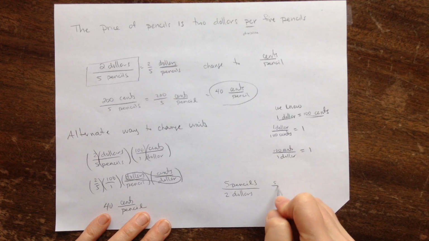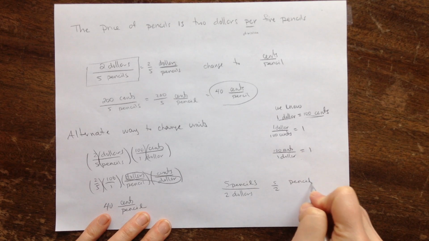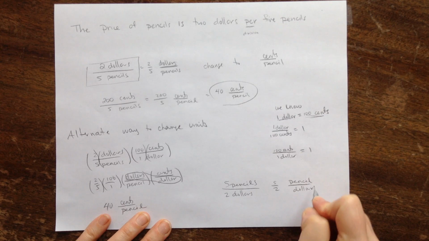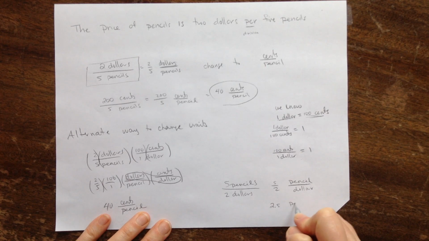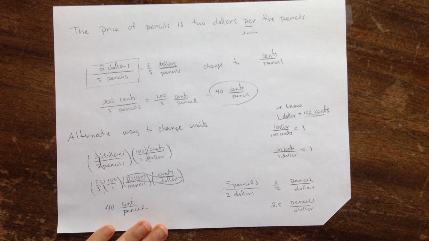So you'd get 5 halves of a pencil per dollar, which is 2.5 pencils per dollar. So once you have one of these per relationships, it can go either way.